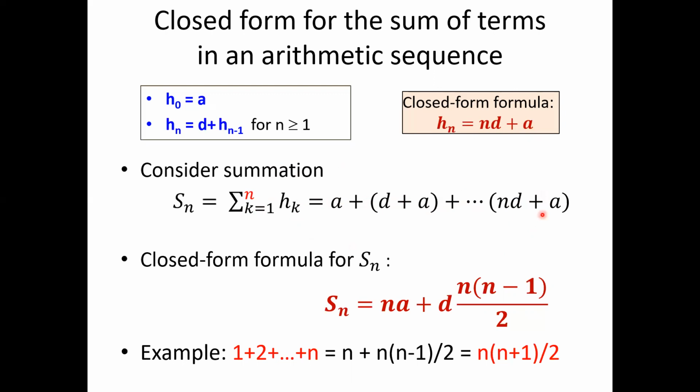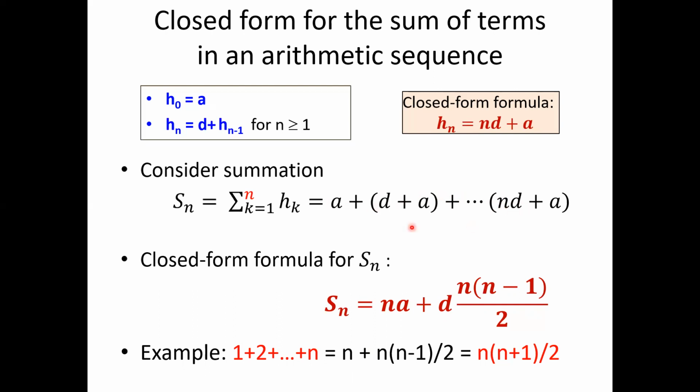And how many terms of them here? I have n. So I have n times a. The rest is the d part. So there's d, 2d, 3d, and then all the way to nd. d is a multiplicative factor. It can come out. So inside there, you have 1, 2, 3, all the way to n.